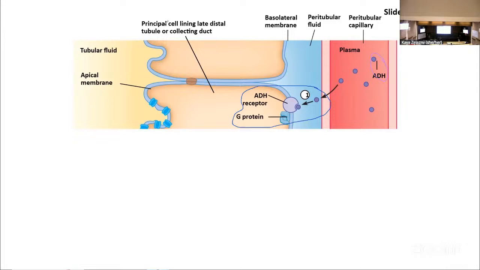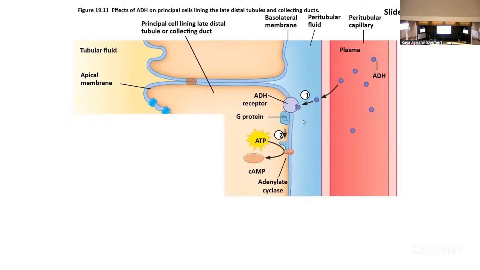Okay. So ADH is present, we can sense it, it binds to this receptor, which happens to be a G protein coupled receptor, which means that G protein then breaks apart, moves over, and helps catalyze or increase another reaction. So after we bind ADH to this receptor, we're going to have a series of steps that eventually lead to the insertion of those aquaporin 2s on the apical membrane.